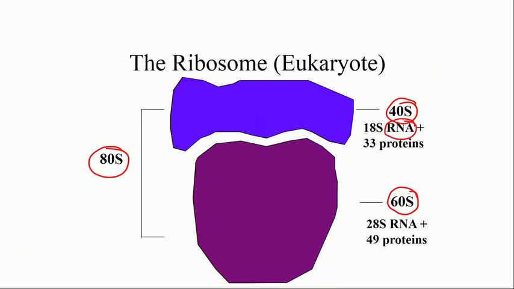It is made up of RNA as well as protein, and there are many proteins in the ribosomes. If you take the eukaryote ribosome, the small subunit has 18S RNA, this is called ribosomal RNA, and then 33 proteins. The large one has 28S RNA and 49 proteins.